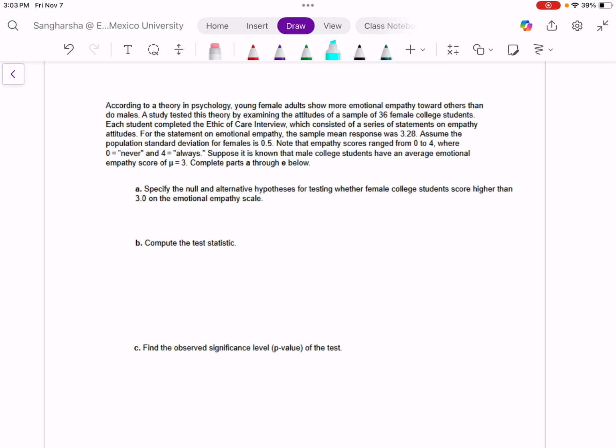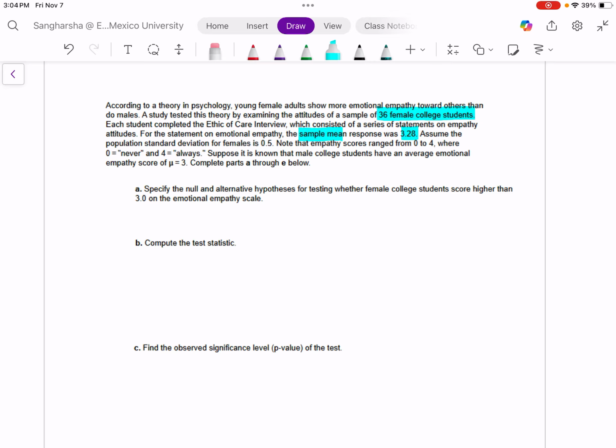A study tested this theory by examining the attitudes of a sample of 36 female college students. Each student completed the ethic of care interview, which consisted of a series of statements on empathy attitudes. For the statement on emotional empathy, the sample mean response was 3.28.